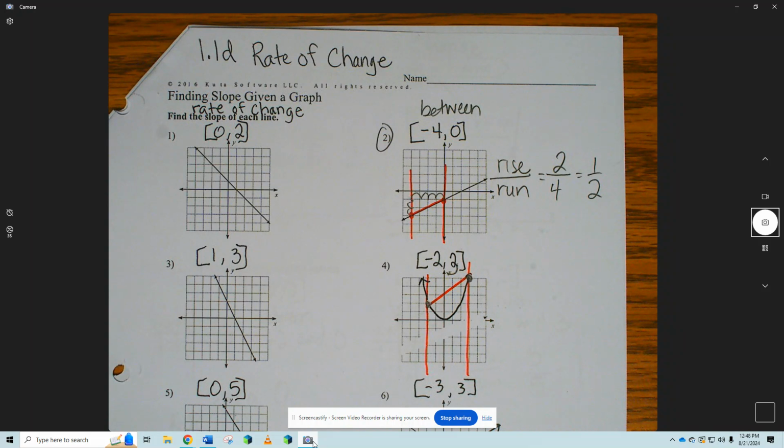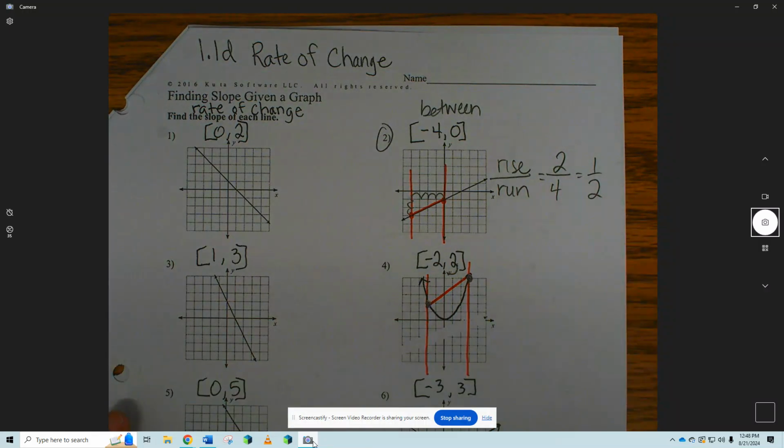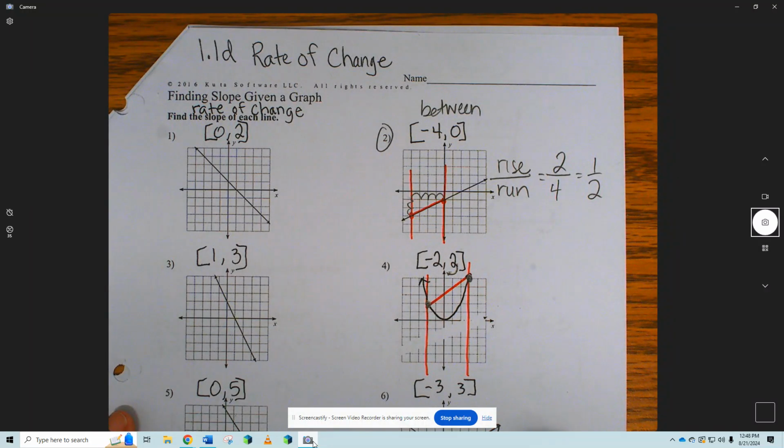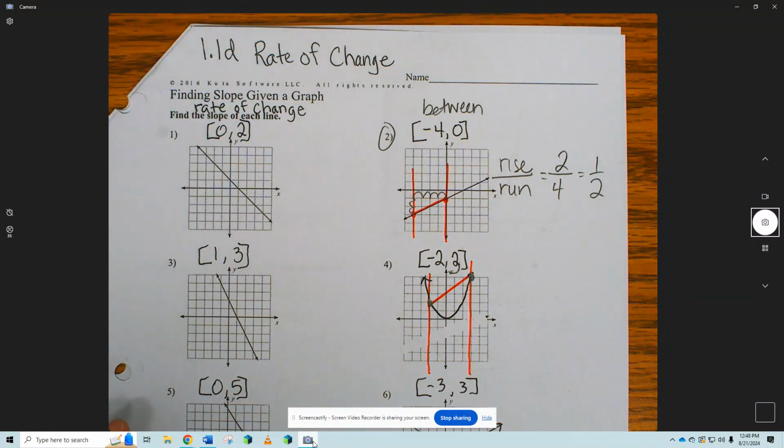So this number 4, you had to connect rise and run. Okay? I'm going to stop the video and stop recording.